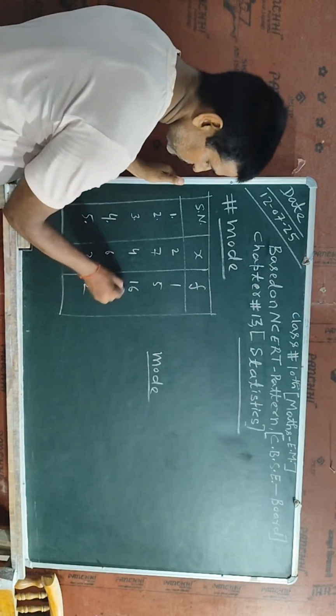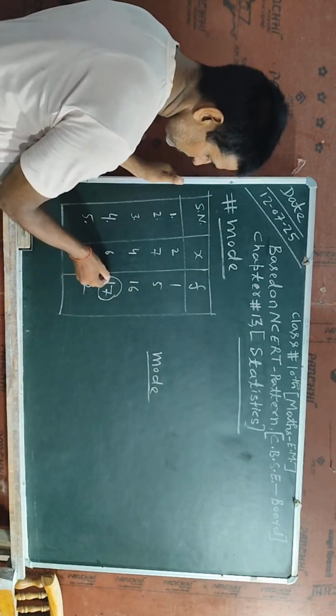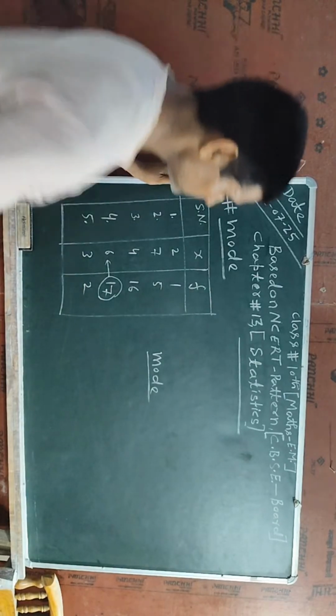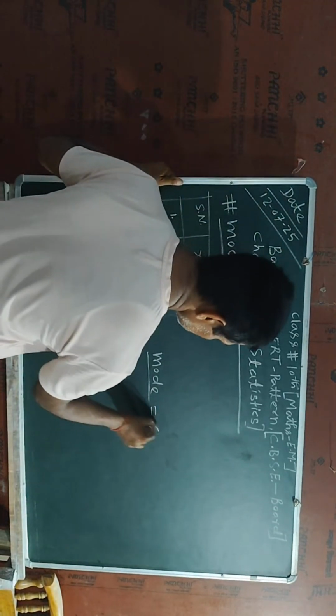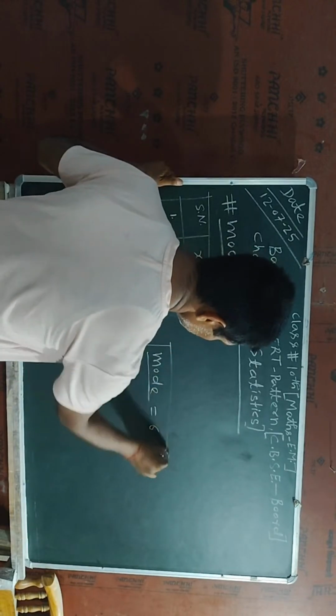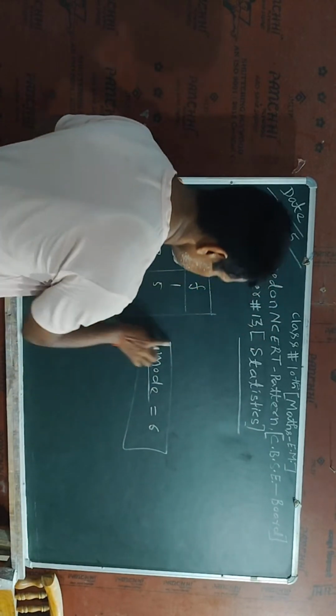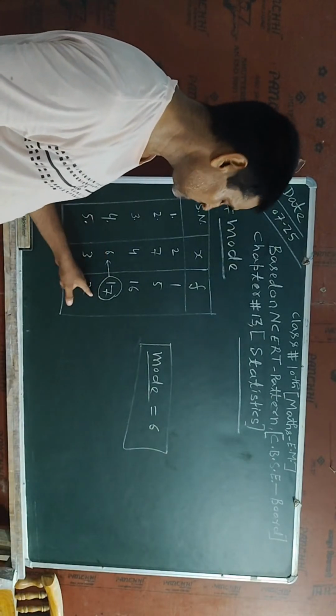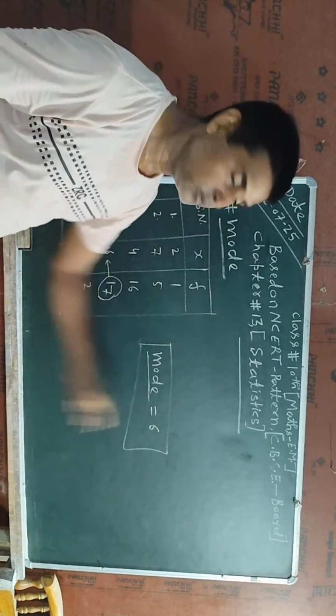So the maximum frequency corresponds to the term 6, because 6 is repeated 17 times, so its mode value will be 6.